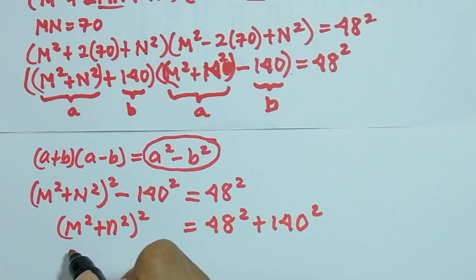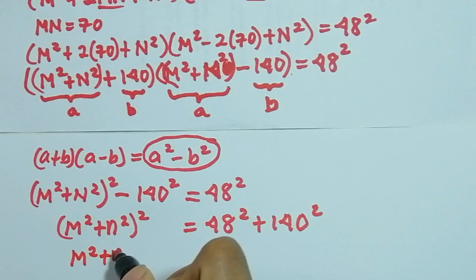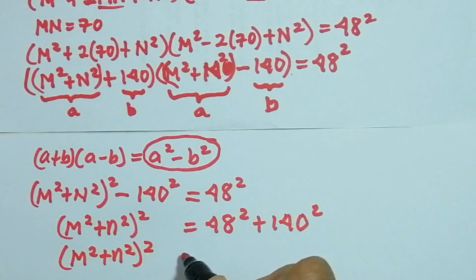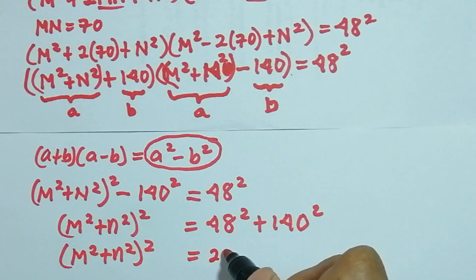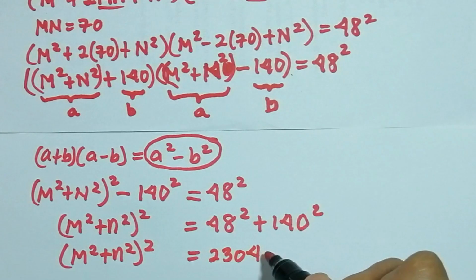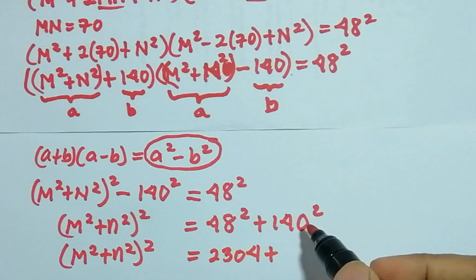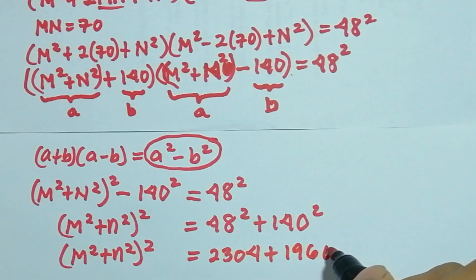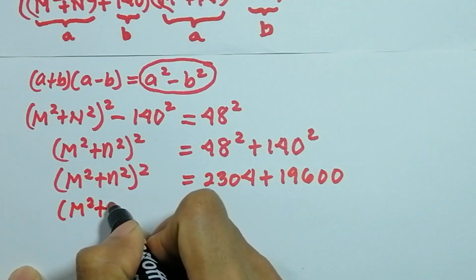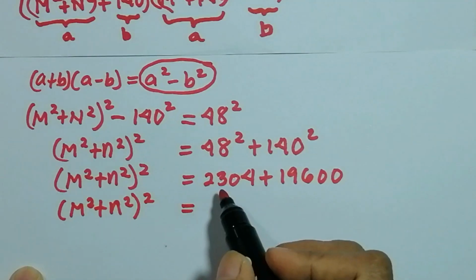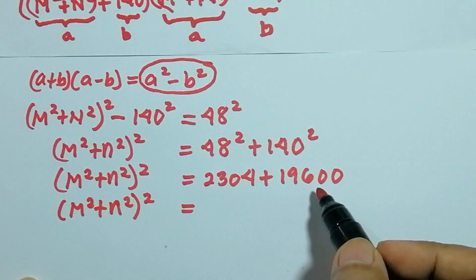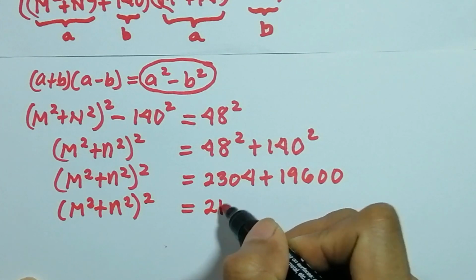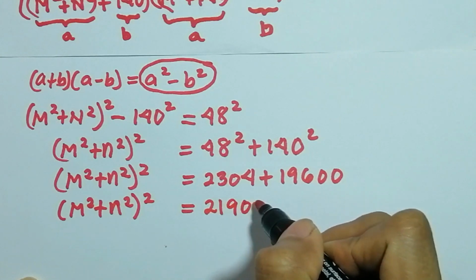Then we will simplify. (m squared plus n squared) squared is equal to 48 squared is, using your calculator, 2,304, plus 140 squared is 19,600. Okay, then we simplify again. (m squared plus n squared) squared, so this one, 2,304 plus 19,600. This is equal to 21,904.